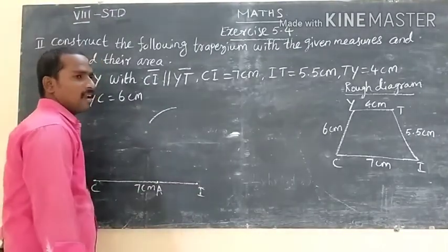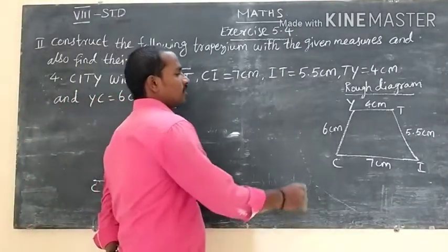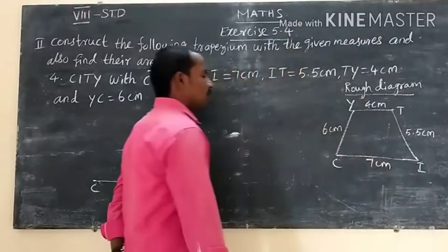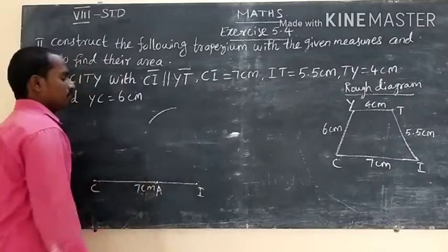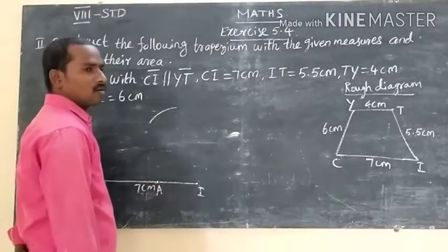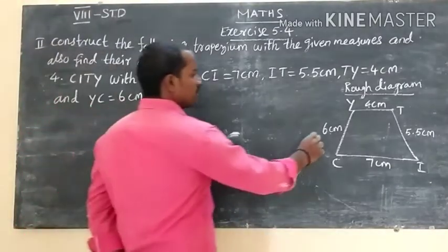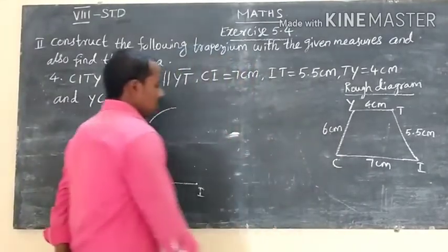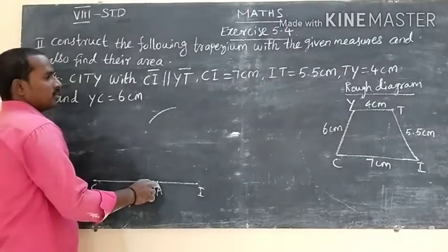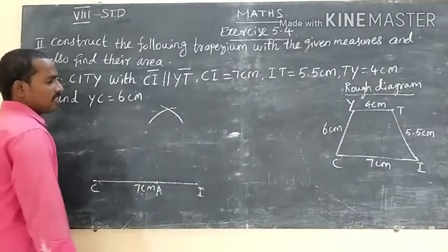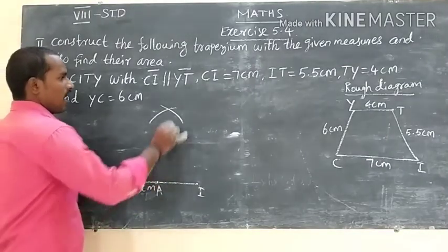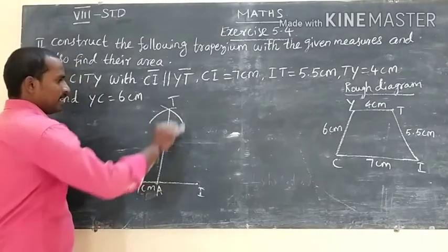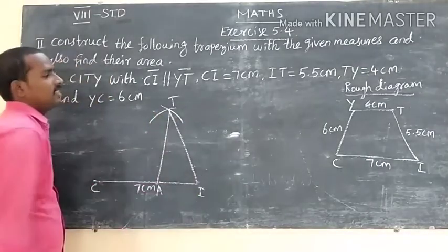Then the pair of opposite sides are equal in the trapezium, so 6 centimeter is equal to the line AT. So take your compass, measure 6 centimeter, put the sharp edge at A to construct the arc. The arc intersects the previous arc at T. Then join AT and IT.